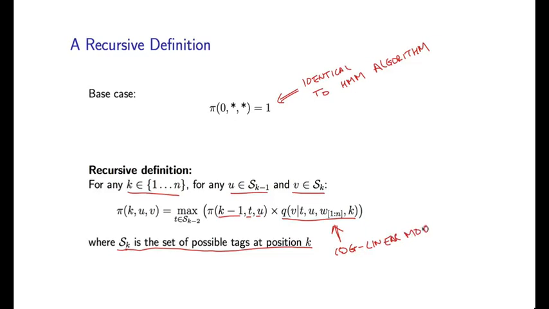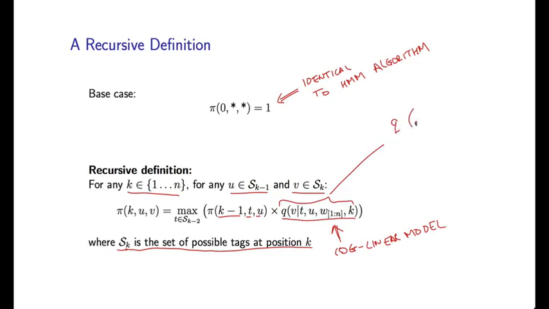Now I'm not going to go through the justification for this recursion in great detail, but it is extremely similar to the justification we saw for the recursion when applied to hidden Markov models. In fact, in hidden Markov models, instead of this term, we would have had something like the following.